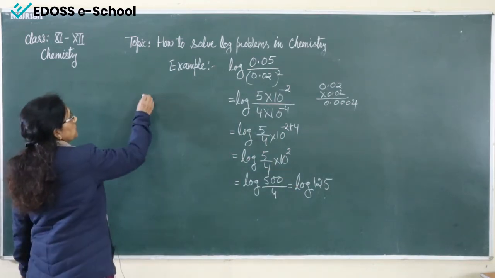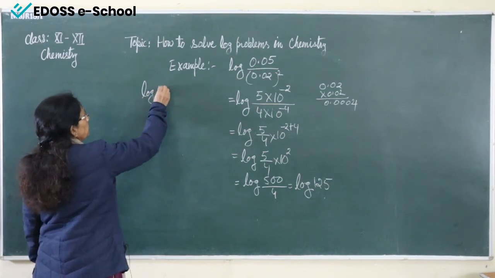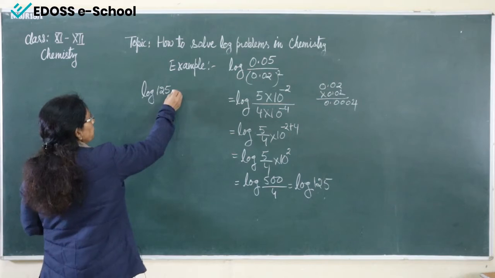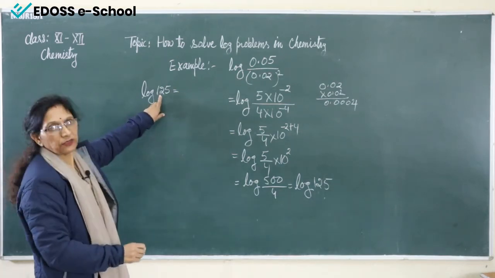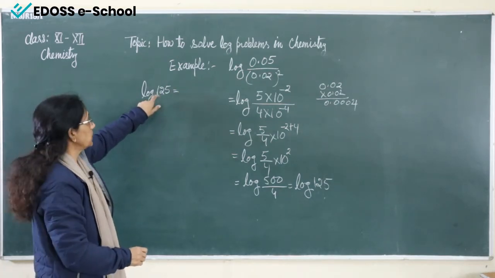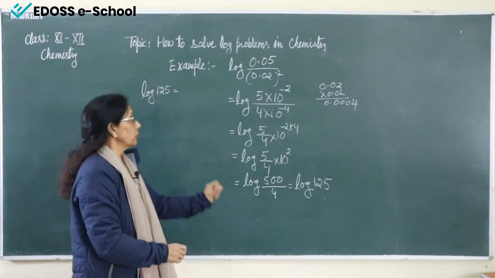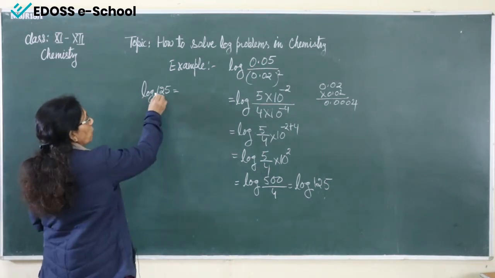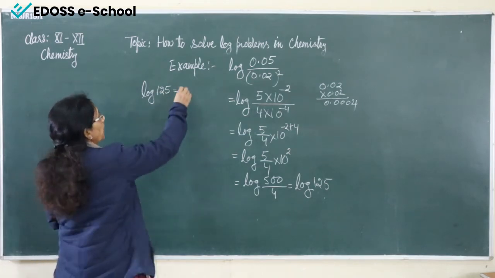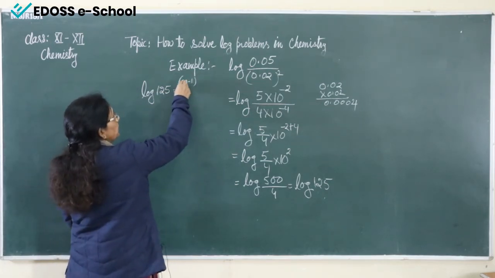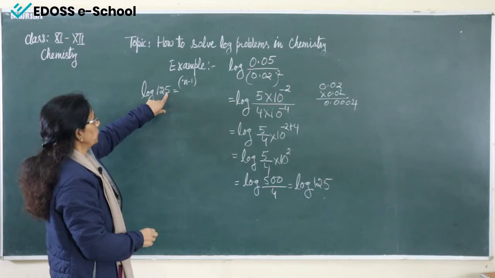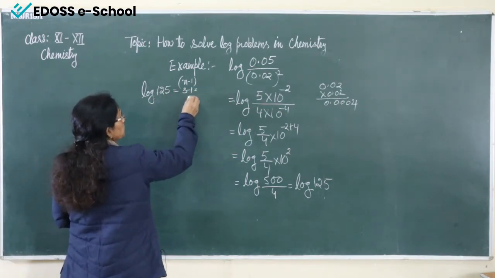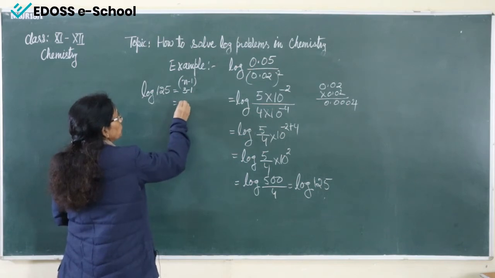Now see here, this is log 125. This we have to solve now. How we will solve? First we will find the characteristic, because the number is greater than 1. So first characteristic, so 1, 2 and 3. So the n minus 1 formula will be applied here. n is 3, so 3 minus 1, this is equal to 2.